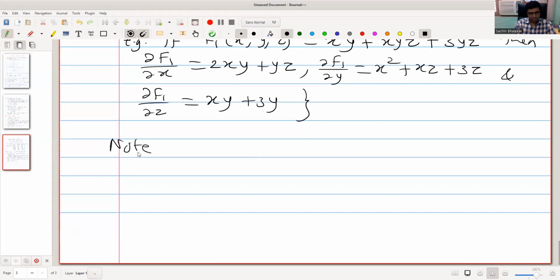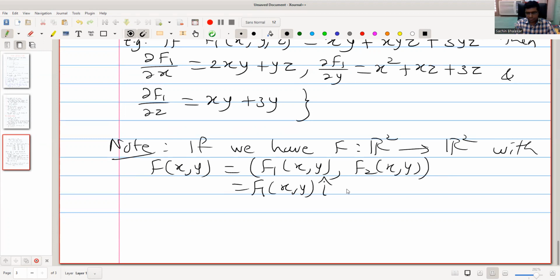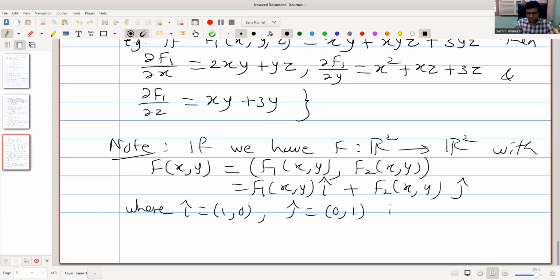Note, if we have f from R2 to R2 with f of xy equal to f1 of xy, f2 of xy, and that can be written as f1 of xy into i hat plus f2 of xy into j hat, where i hat is unit coordinate vector 1, 0, and j hat is unit coordinate vector 0, 1 in R2.